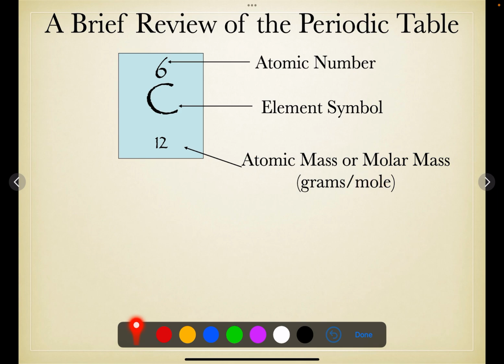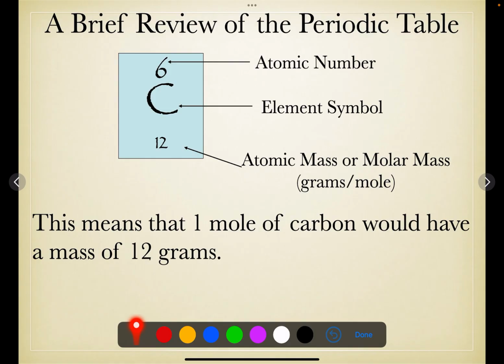This means that 1 mole of carbon would have a mass of 12 grams. So if I had a vial of carbon in my chemical storage and I wanted to see what a mole of it looked like, I would just grab the scale and measure out 12 grams of this powdered carbon compound. That would be what 1 mole looks like.